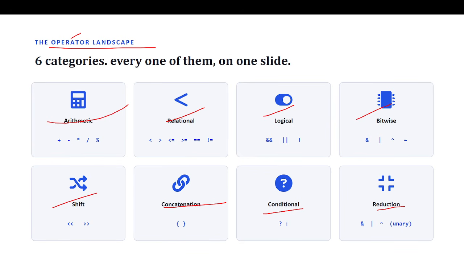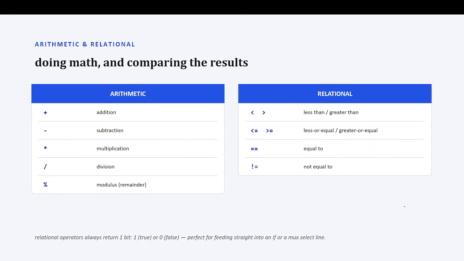Now let's go into detail on each category properly with worked examples, starting with the two most intuitive ones, arithmetic and relational. On your left, we have arithmetic operations, that is addition, subtraction, multiplication, division, and modulus.